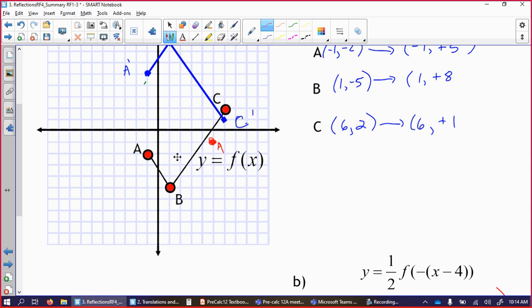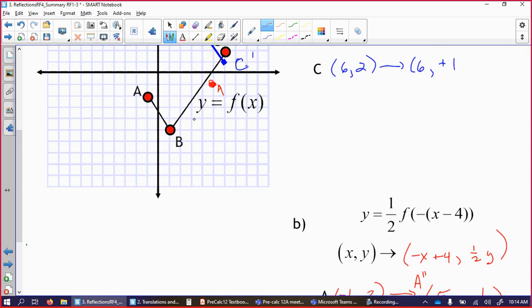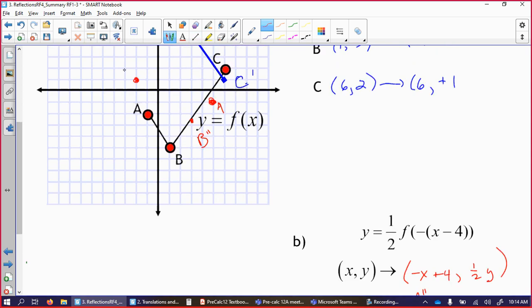So this one's reflected and then moved over. This one would be reflected and then moved over. So that one is 3, and then it's vertically stretched. So 1, 2, 3, a negative 5 halves is negative 2.5, which is in there, give or take, and negative 2 and 1, because C is flipped to the other side.